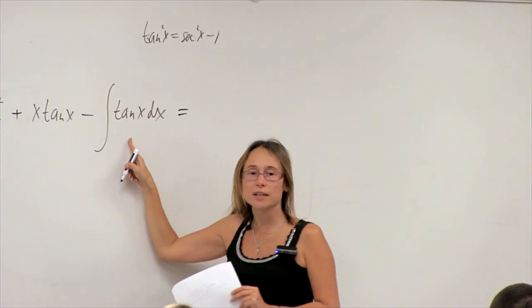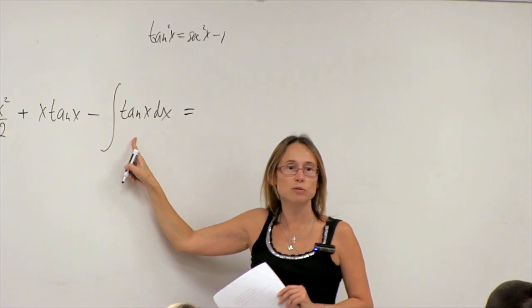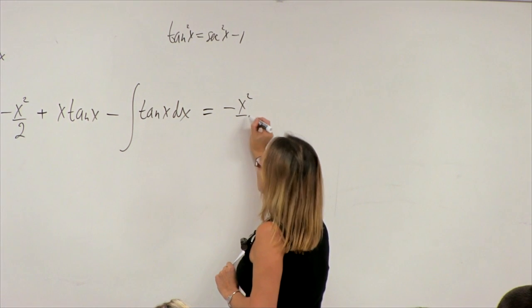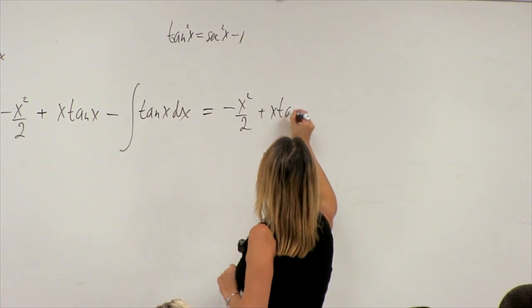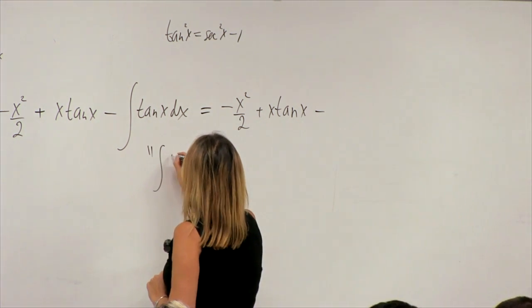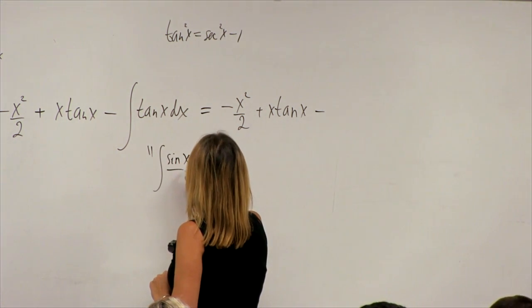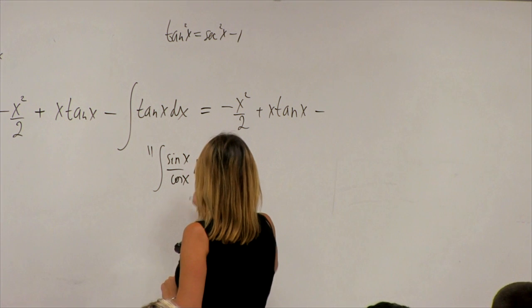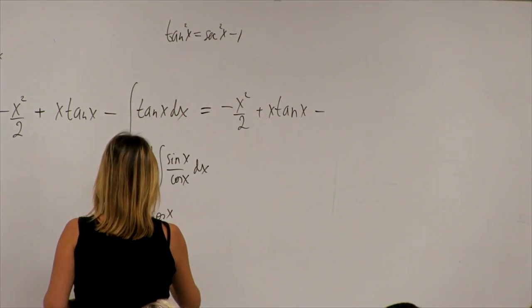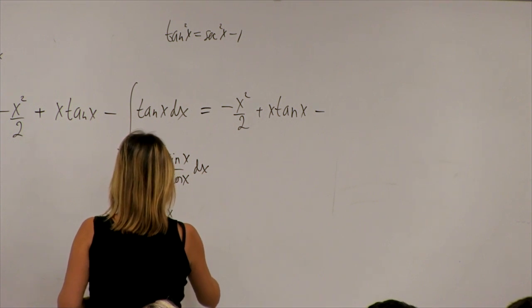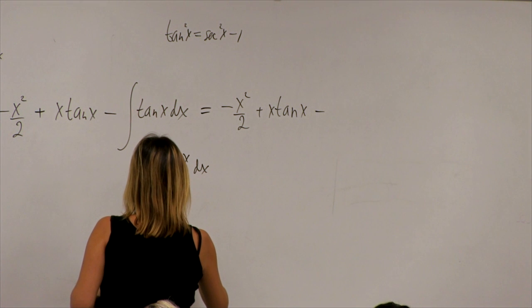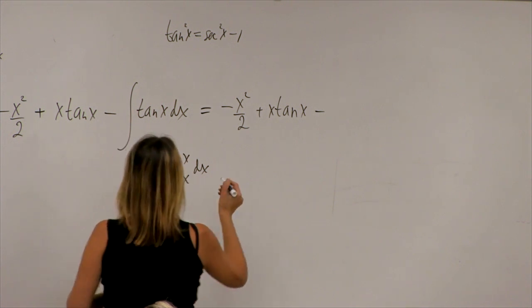So what's left? You either can remember the antiderivative of tangent, or you can very quickly calculate it. I cannot remember it, so I'm going to calculate it. Tangent is sine over cosine. So if I take u equals cosine x, then du is minus sine x dx.